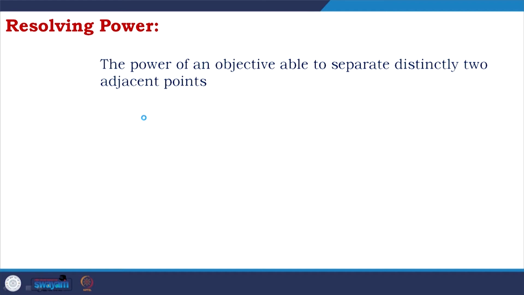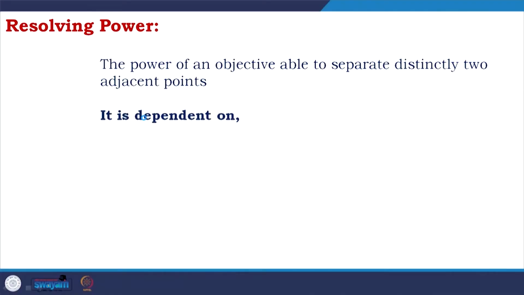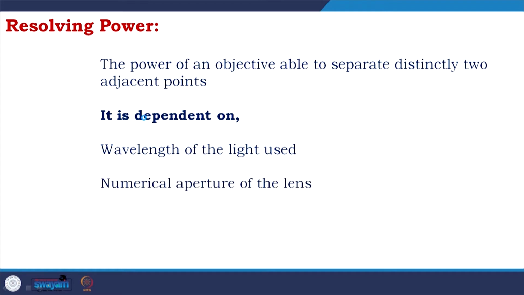So, you use a lens and you could not separate, and you use another lens and you could separate, that is the resolving power. So, the resolving power depends on the wavelength of the light used and the numerical aperture of the lens.